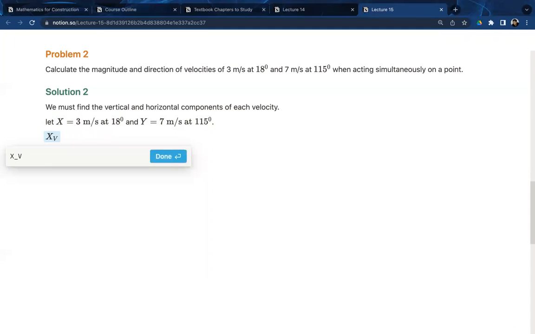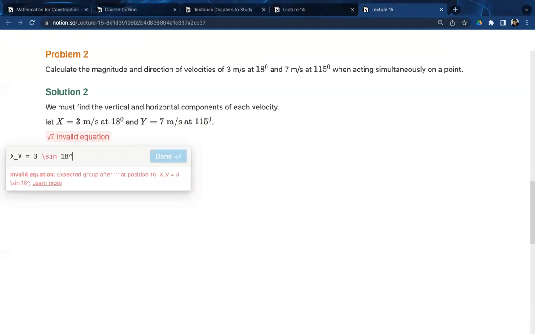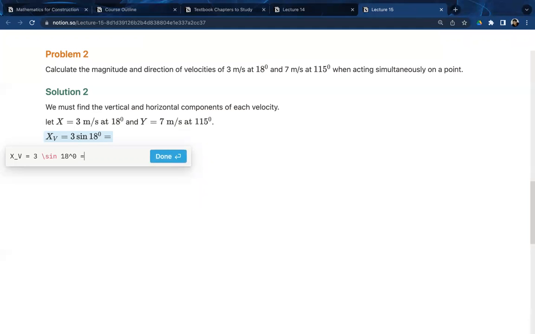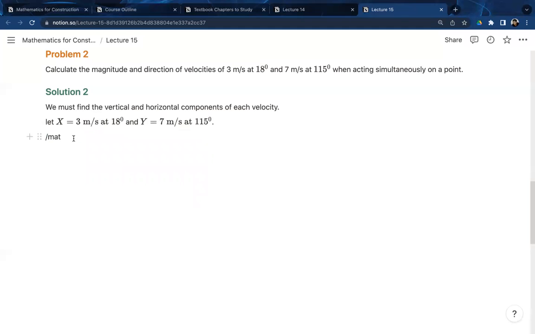X in the vertical direction equals the magnitude 3, and vertical is always sine. 3 sine 18 degrees. Okay, what is 3 sine 18 degrees?